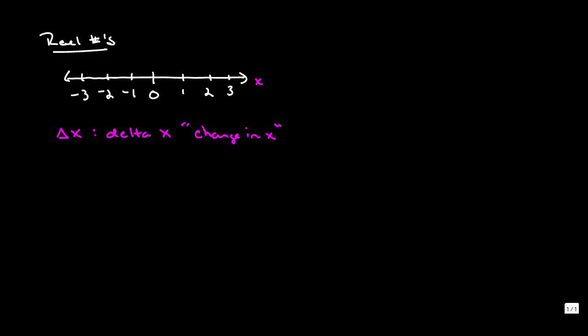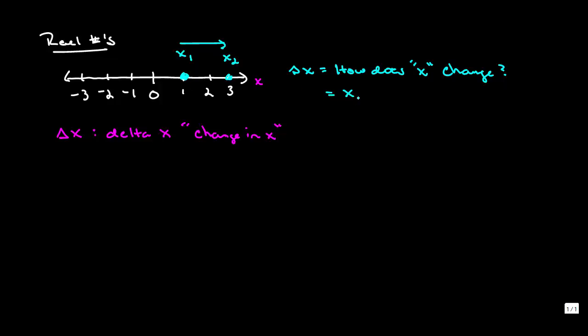Now let's grab two numbers on there. Let's say we grab the numbers 1 and 3. If I start over here, we'll call this x1, and we'll call this one x2. If I go from x1 to x2, then my delta x, when I read this, is how x changes.